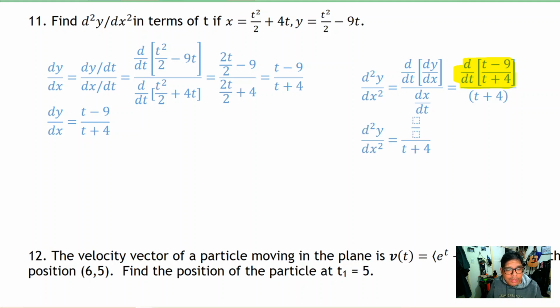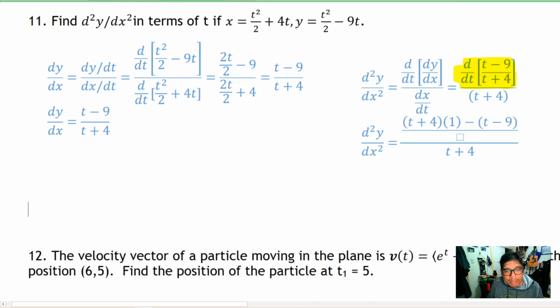So the denominator, t plus 4, multiplied by the derivative of the numerator, which is 1, minus the numerator, t minus 9, multiplied by the derivative of the denominator, t plus 4, which is just 1, divided by the square of the denominator.